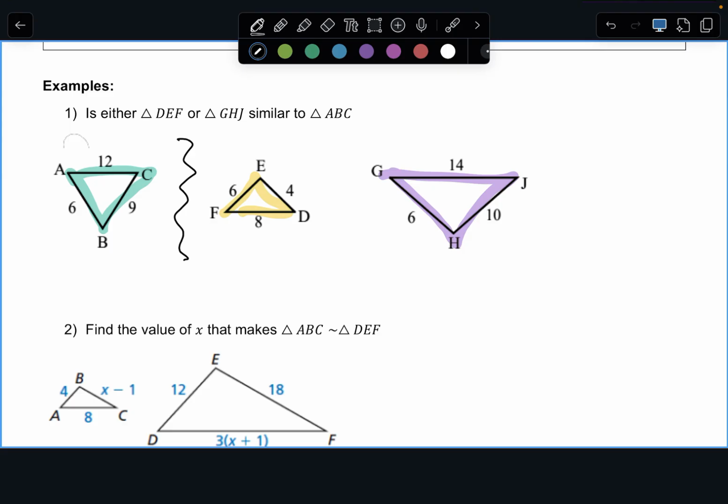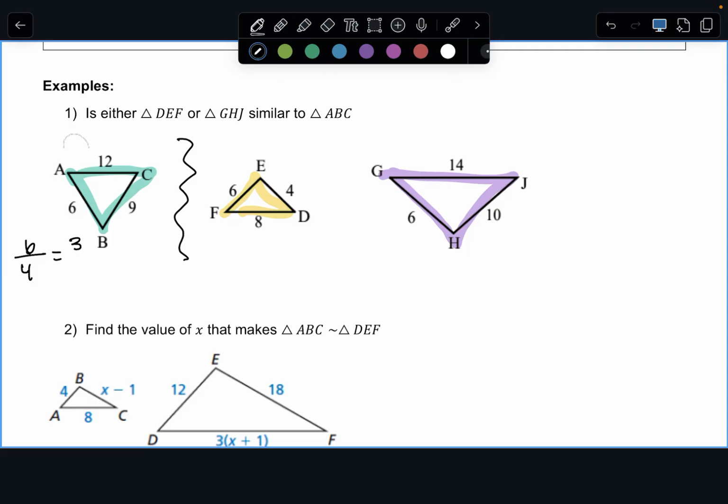Green and yellow. What's the smallest side for green? 6. Okay. What's the smallest side for yellow? 4. If we reduce 6 over 4, what do we get? What could 6 and 4 both be divided by? 2.